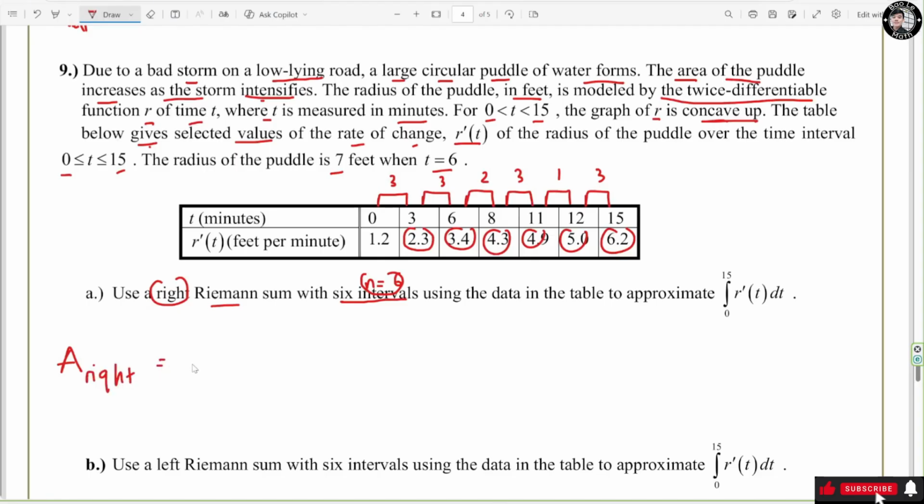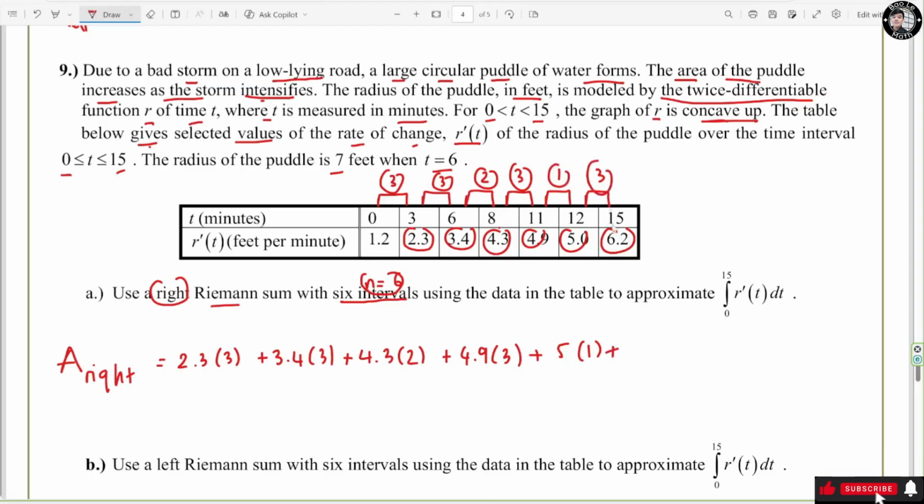Right? So we have the area using the right Riemann sum. It's going to be length times width, right? So we have 2.3 times 3 right here, plus 3.4 times 3, plus 4.3 times 2, plus 4.9 times 3, plus 5 times 1 right here, and the last one plus 6.2 times 3.